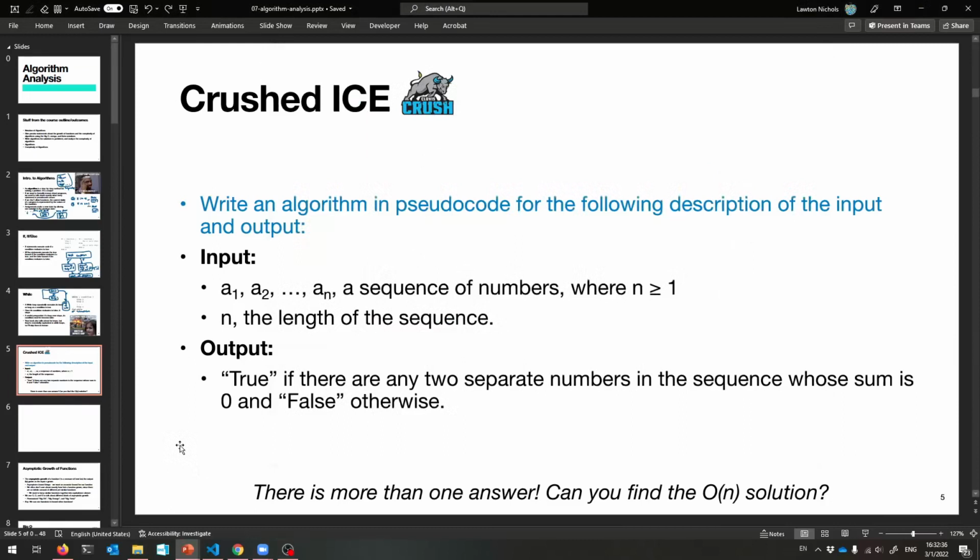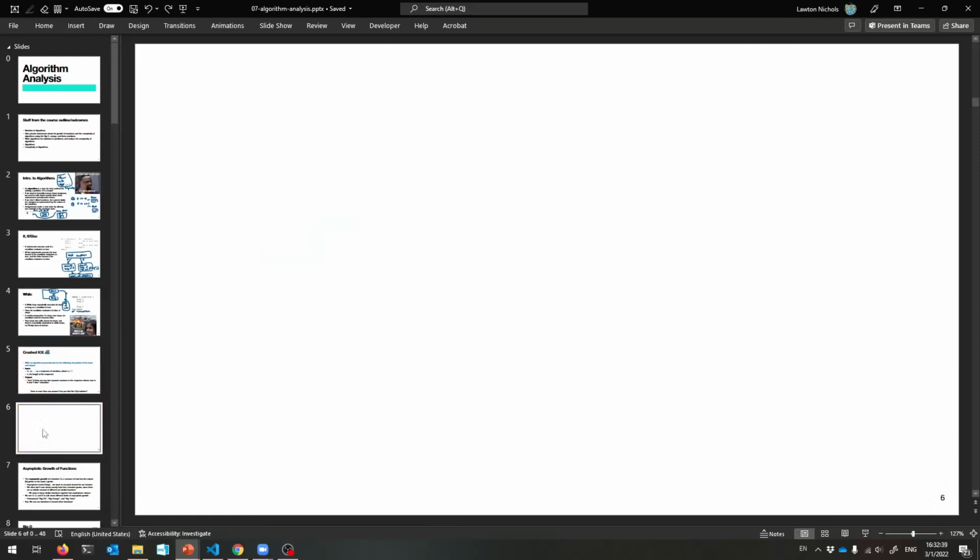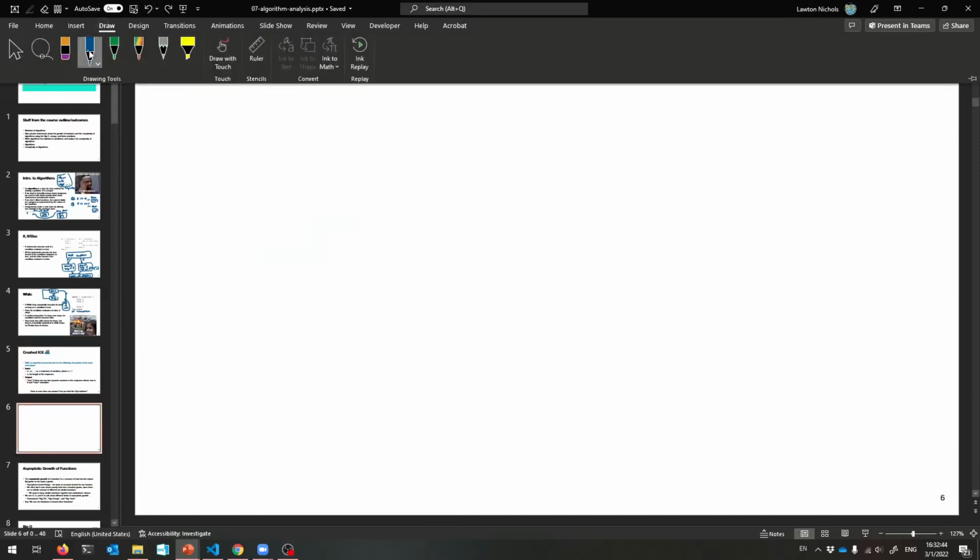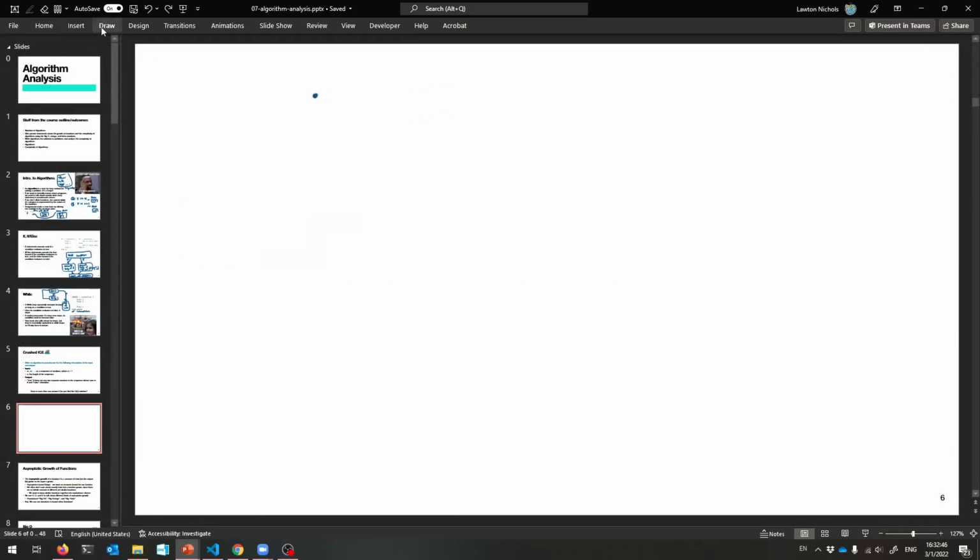So, yeah, I think the standard way of doing this would be a doubly nested for loop, right? So you do something like for I equals 0 to, oh sorry, we're starting at 1 because the sequence starts at 1. A1 is the first element. So for I equal 1 to n, and then for, and this is the body, right? For j equal 1 to n, then you try them all, right?